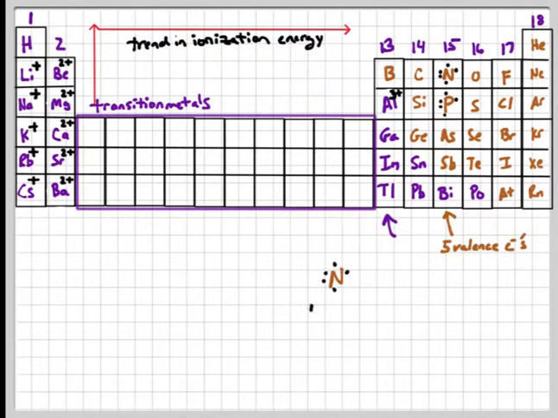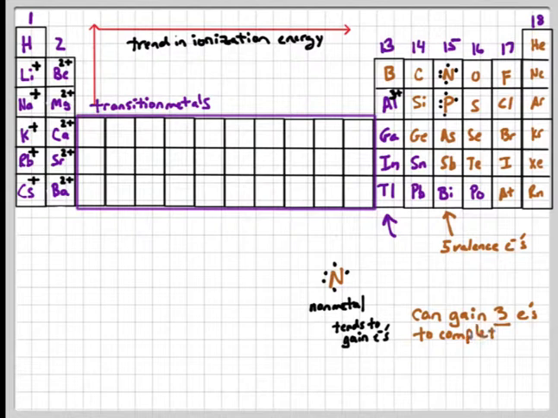Okay, so with the 5 valence electrons that the non-metal has, in nitrogen's case, it's going to gain electrons, and it has positions for 3 electrons. Now, what do I mean by it has 3 positions? It can gain 3 electrons to complete its valence set of 8.